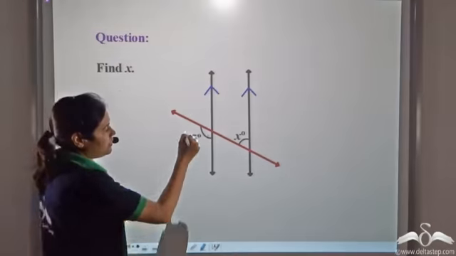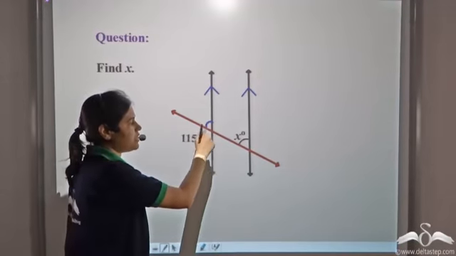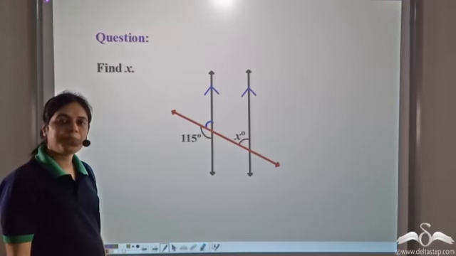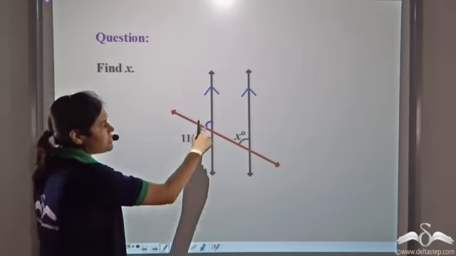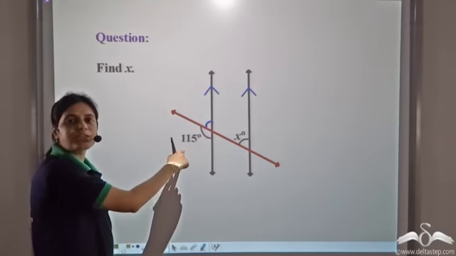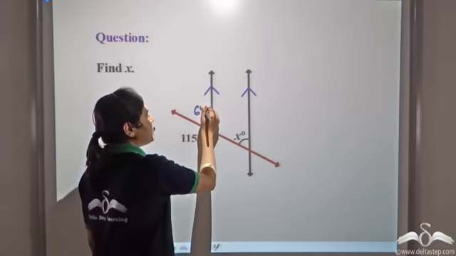Well, if we consider this angle, then 115 degrees and this angle are supplementary because they lie on the same line. So this angle is 180 degrees minus 115 degrees, which is equal to 65 degrees.